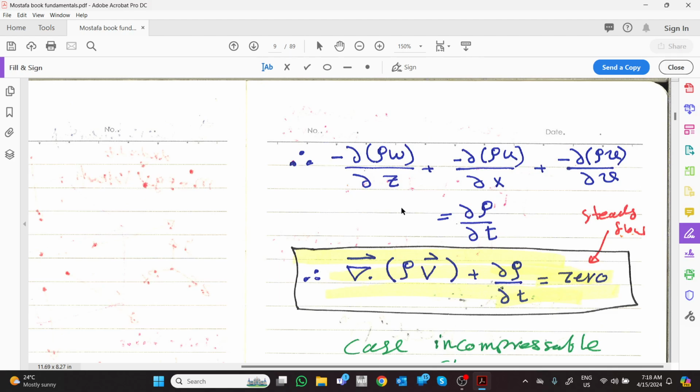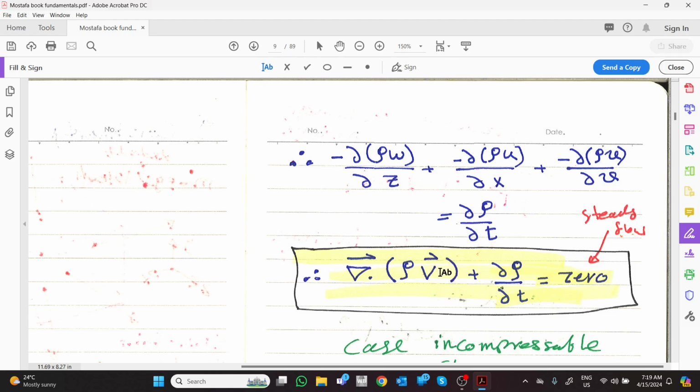What is this shape? This shape is a gradient, but take care that it is not for a constant rho. It is for a vector velocity. So the velocity is a vector, and when the velocity is a vector we need to write a vector. Later on we will understand why.